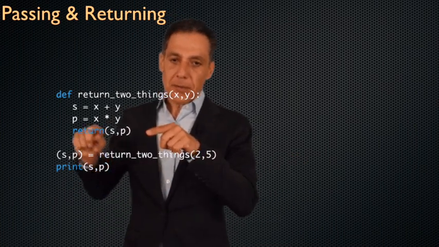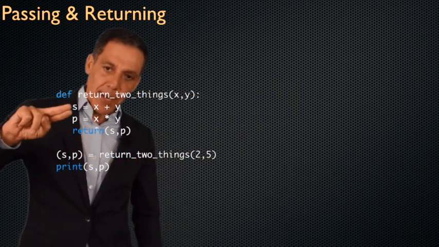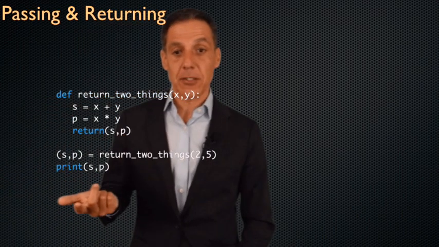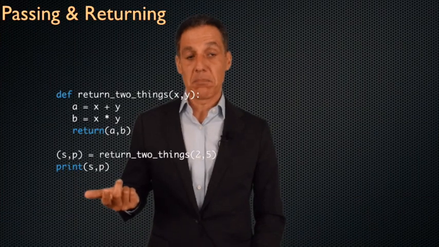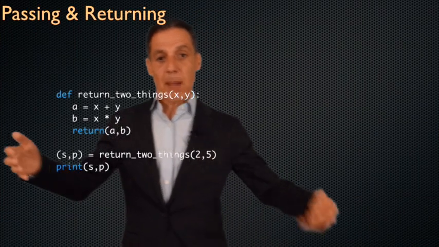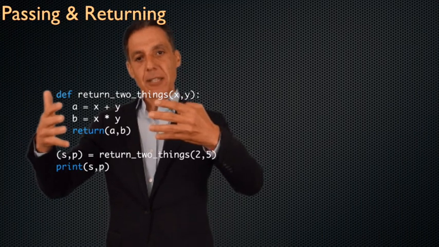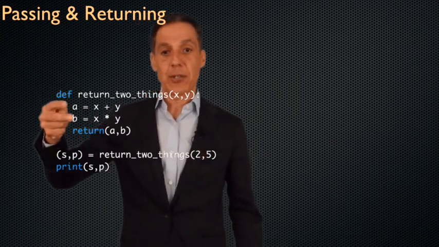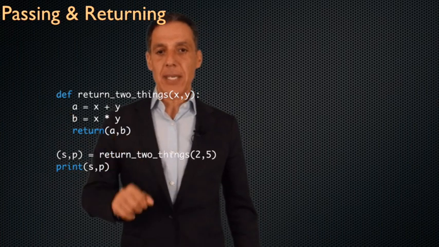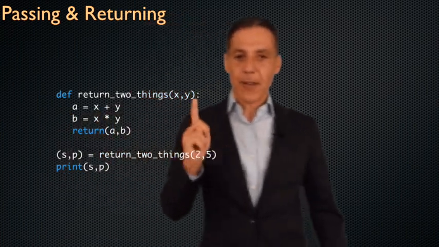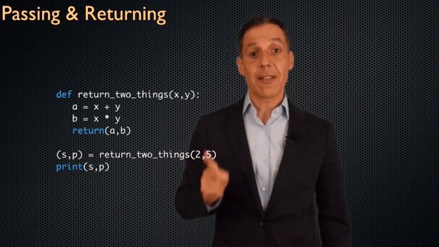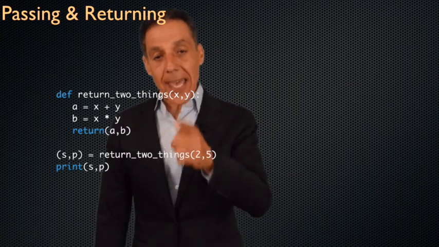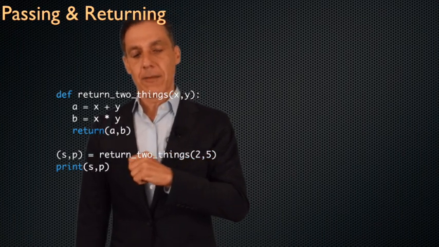Now, don't confuse these parameters s and p with these parameters s and p. In this particular case, they're the same variable, but they didn't have to be. Remember again that what happens in the body of the function stays in the body of the function. So I could have called these parameters a and b and returned a and b. And again, I'm not returning the variable a and the variable b. I'm returning the value associated with the variable a and the value associated with the variable b.